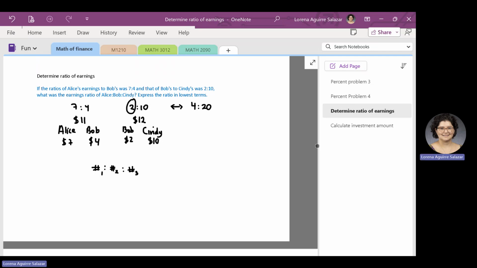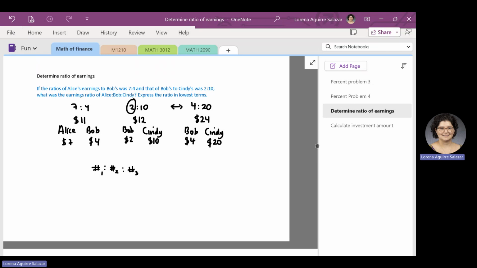Here, if Bob and Cindy earned $24 jointly, then Bob would be earning $4 and Cindy would be earning $10. Sorry, $20 because we have a 4 to 20.